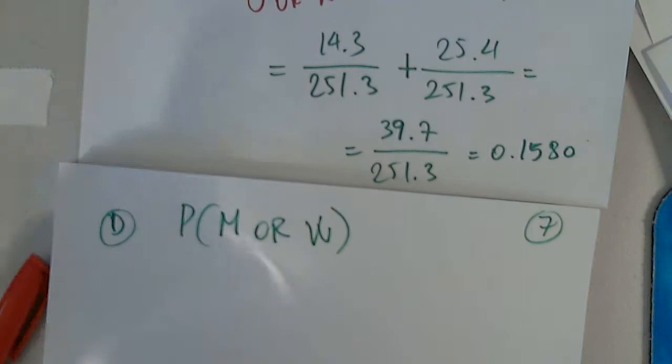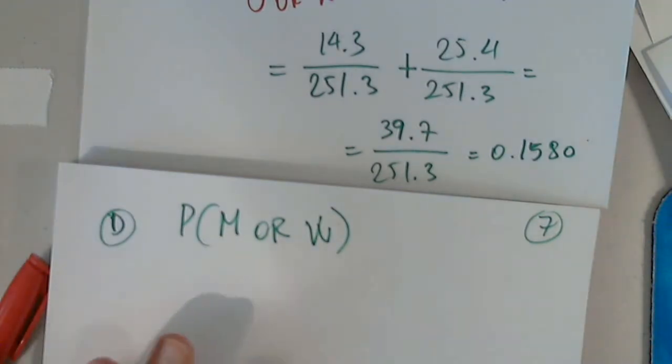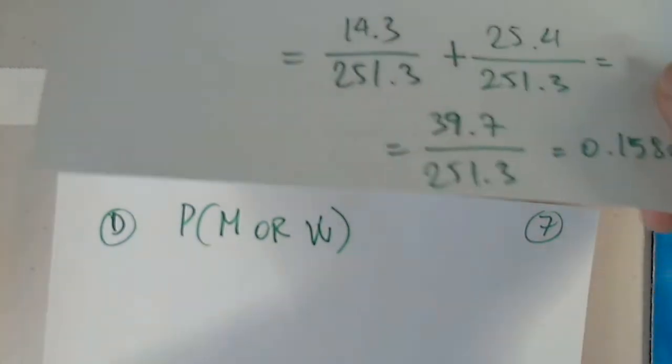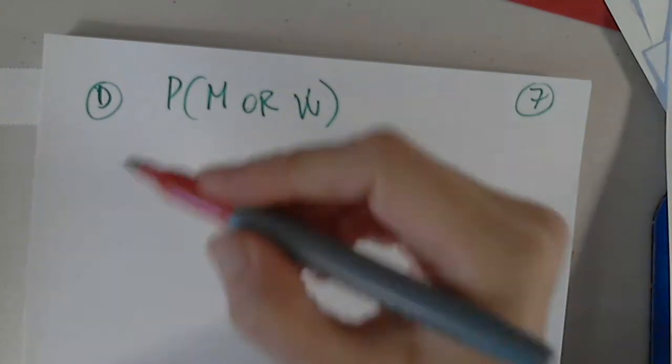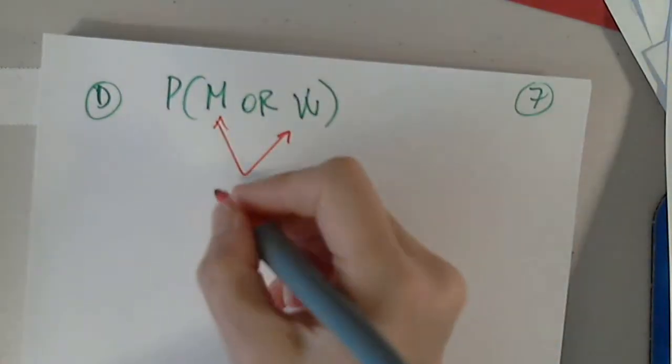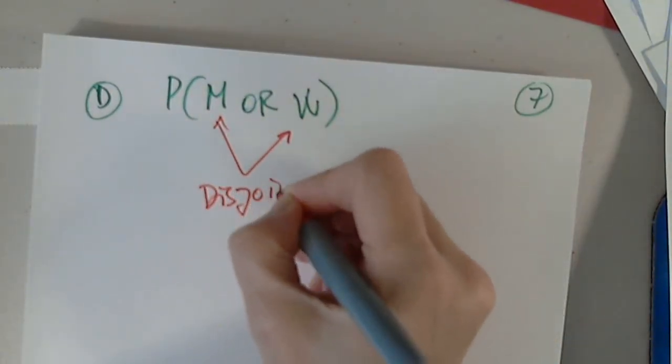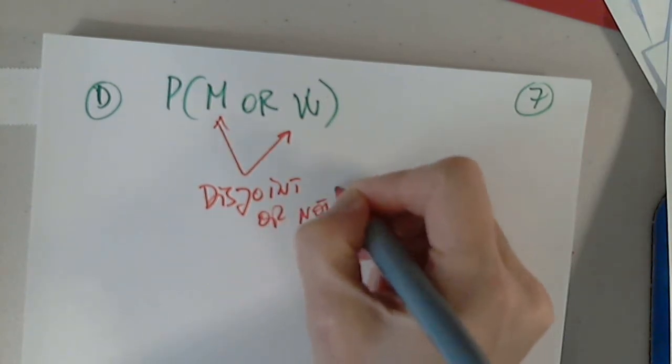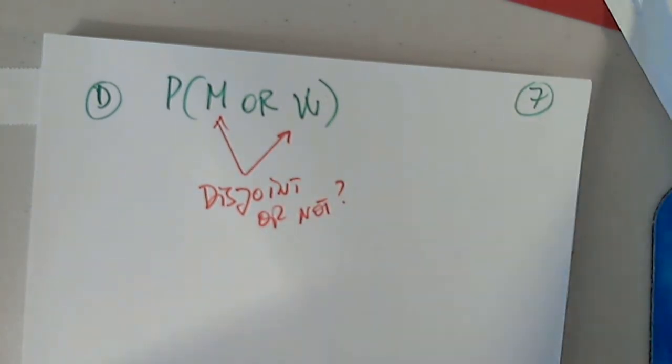What do we need to determine first before we calculate? Because we don't know which formula to use. If it's disjoint or not. Very good. If it's disjoint or not. We'll figure it out in a minute.